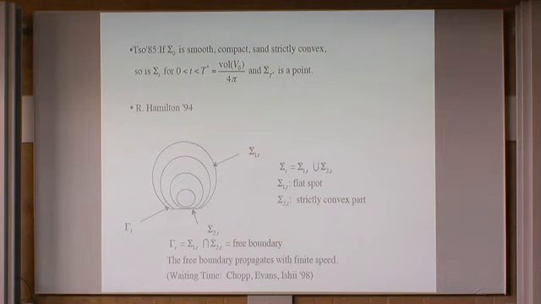Then the surface will be decomposed into two parts, the flat part and the strictly convex part, and there is an interface, which is not given. We need to find it and discuss the regularity of it. And this free boundary will propagate with a finite speed, and this finite speed is very important to find out the right regularity across the free boundary.